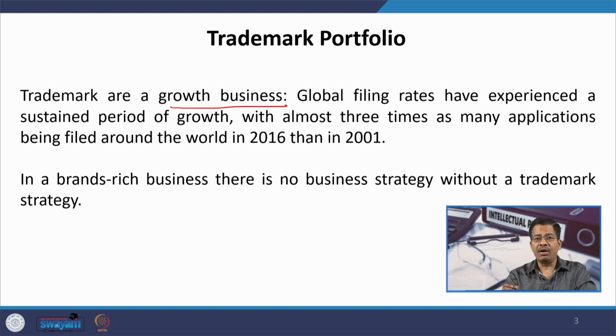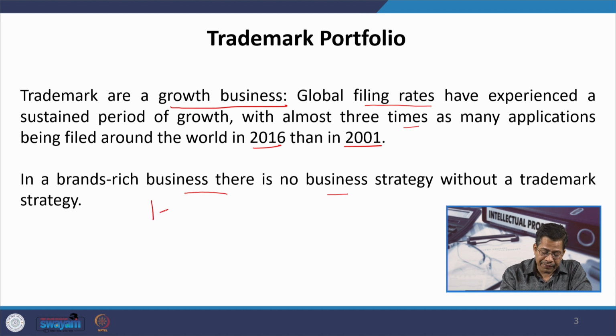If you see the data of WIPO, the global filing with respect to trademarks is continuously increasing. The data says that between 2001 and 2016, there was a 3-time increase in trademark applications. And from marketing classes, we know that a brand-rich business is not possible without a trademark strategy.